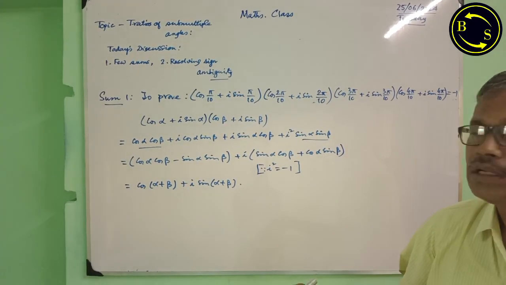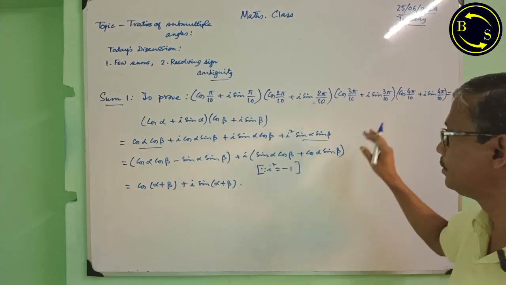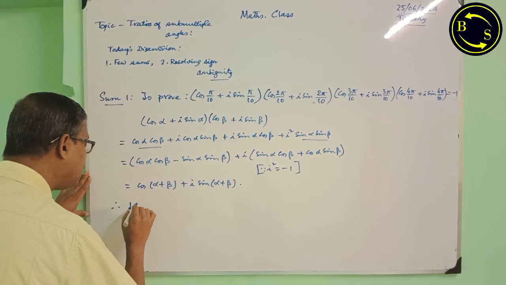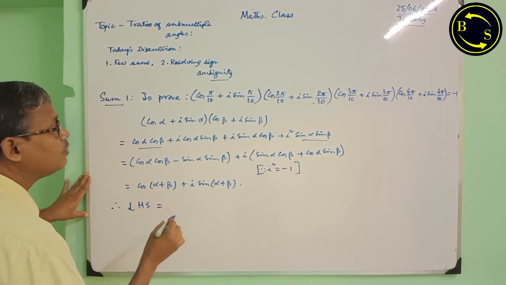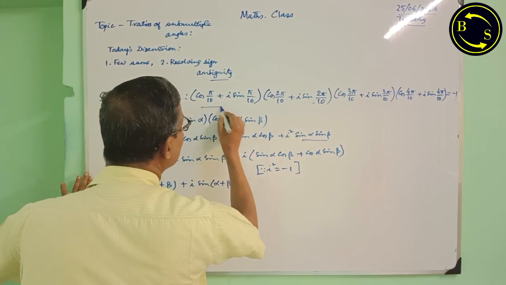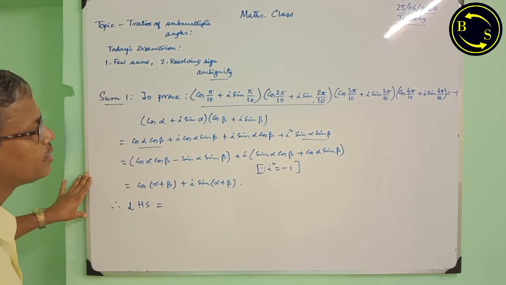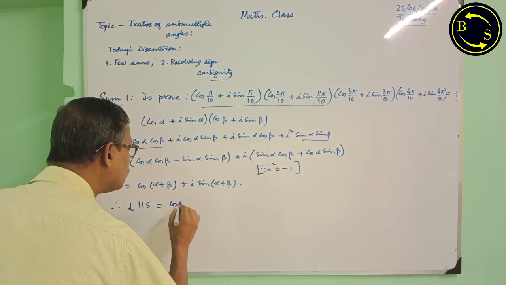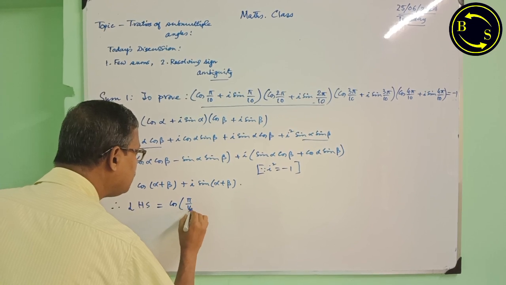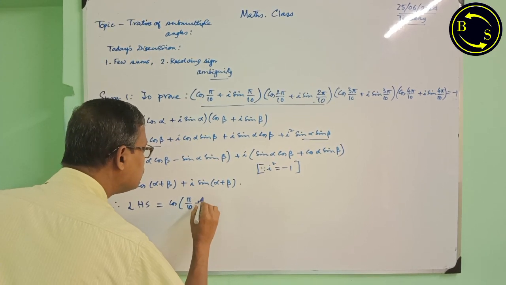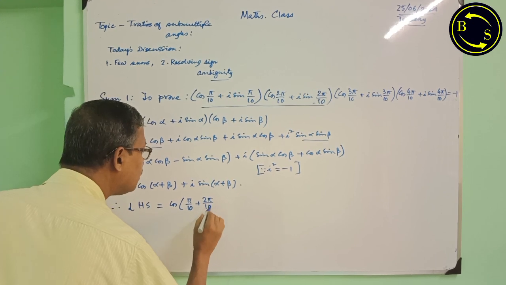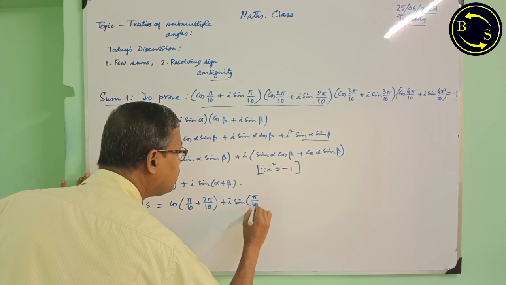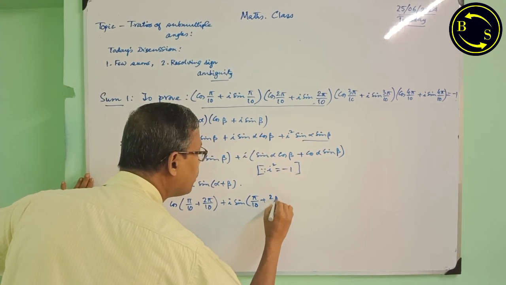This is very interesting result. We shall apply this concept here. Therefore, LHS is equal to, first I consider the first two expressions: cos pi by 10 plus 2 pi by 10 plus I sin pi by 10 plus 2 pi by 10.